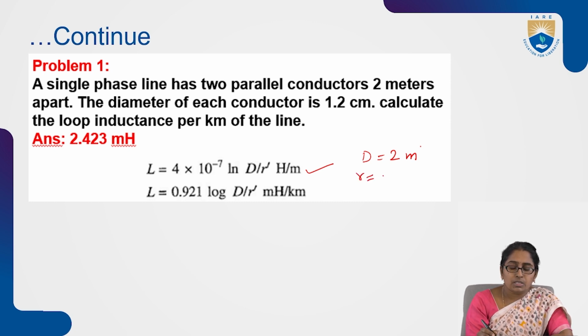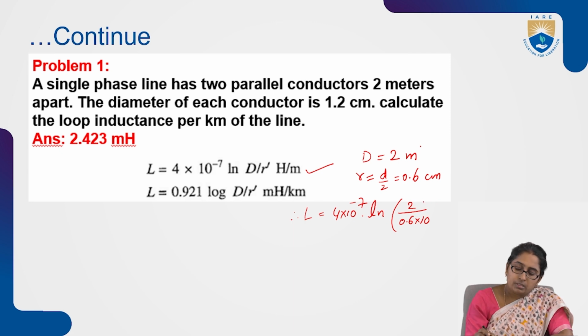The diameter of each conductor is given, so diameter by 2, this is 0.6 centimeter. So if we substitute, 4 into 10 power minus 7 log of 2 by 0.6, this D is in meters, so write this R dash.